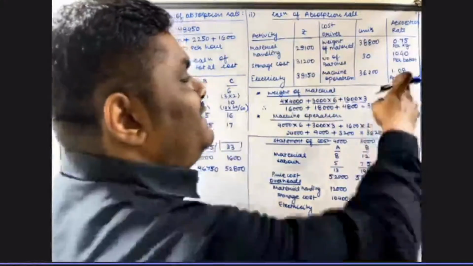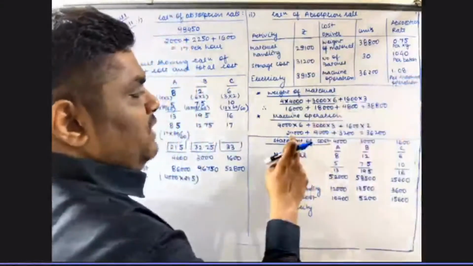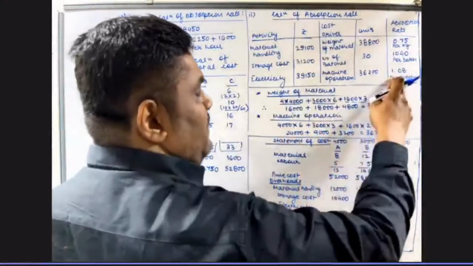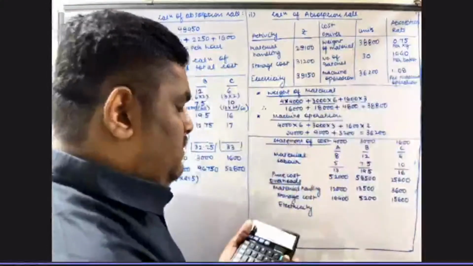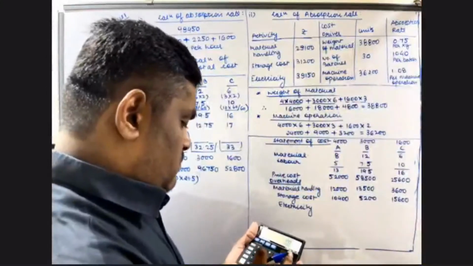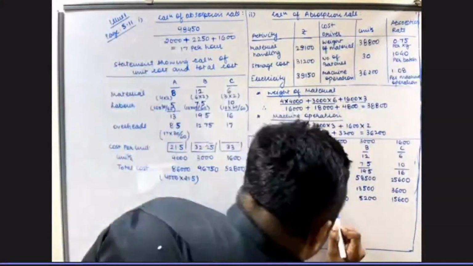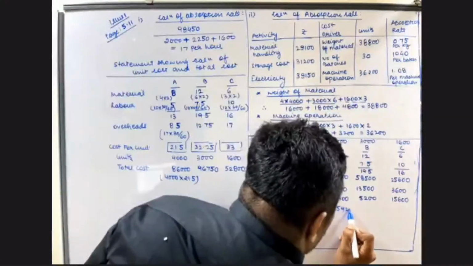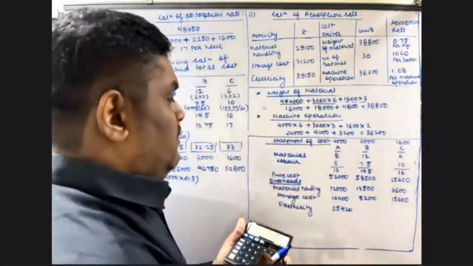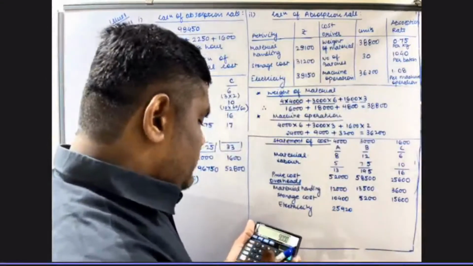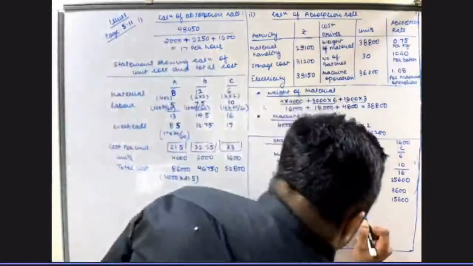It is 1.08 per machine operation. The machine operations we have already calculated for A, B, and C. So 1.08 into 24,000. So this will be 25,920. Into 9,000. So this will be 9,720.